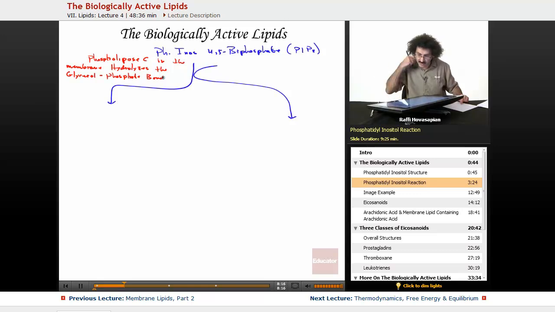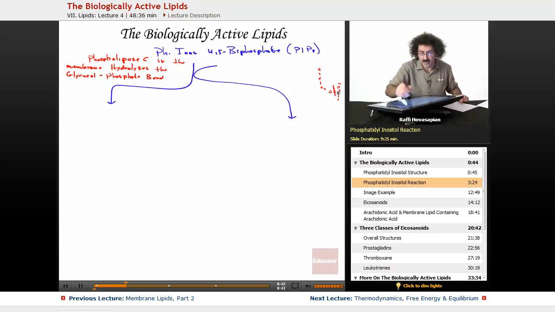So let me just draw it out real quickly on the side here. So you had this, right? And then you had your phosphate bond that goes on. So it's going to break that bond, the glycerol phosphate bond. Actually, that's not true. It's going to end up breaking this one.